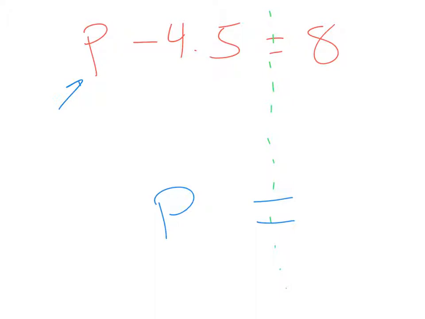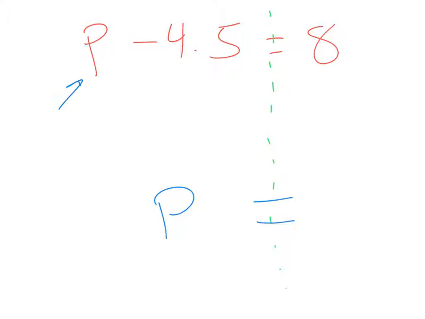But right now, as you can see up at the top, it says p minus 4.5 is equal to something. So I need to get rid of that 4.5. And in order to get rid of something when you're trying to solve for a variable, you have to do the opposite of what's being done. The opposite of addition is subtraction, and vice versa.